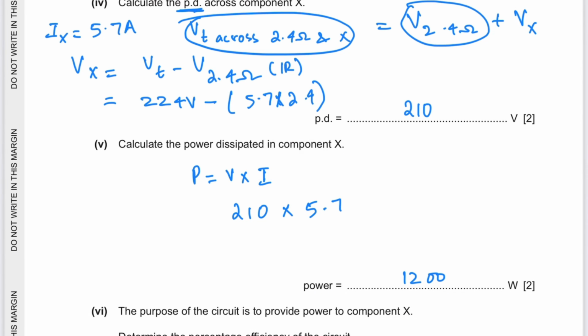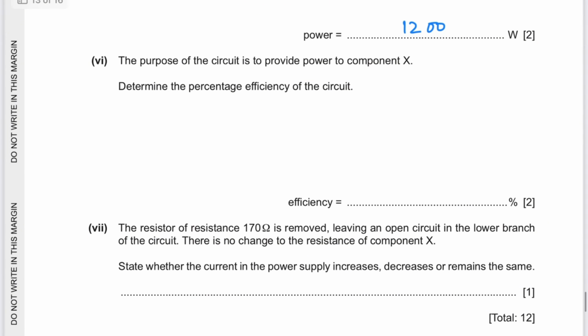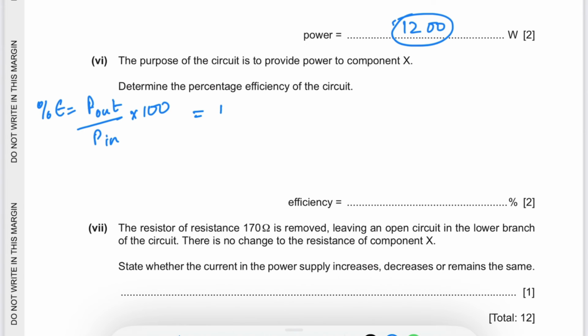The purpose of the circuit is to provide power to component X. Determine the percentage efficiency of the circuit. Percentage efficiency is equal to useful power output divided by total power input times 100. The useful power output, as we just saw, is 1200 watts. For the power input, you can use the same formula, VI.